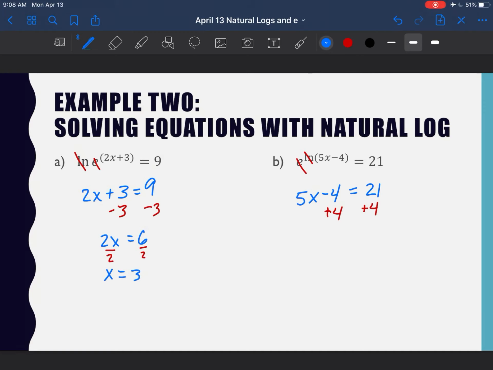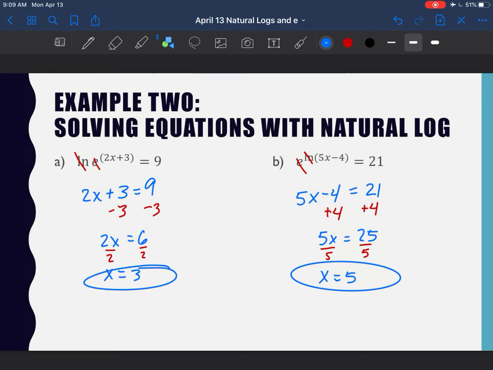So you get 5x is equal to 25, and then divide both sides by 5, so you get x is 5. They don't necessarily have to come out to whole numbers, these just happen to. Just know that, like the rest of the chapter, they might come out to be fractions. So that's what it looks like when you use natural log and e for equations.